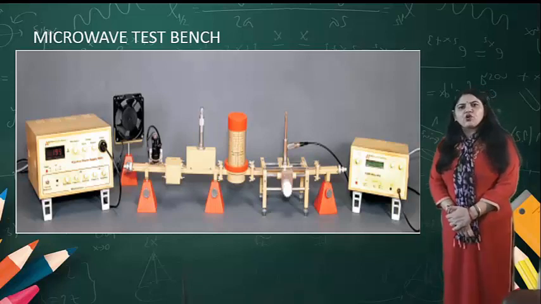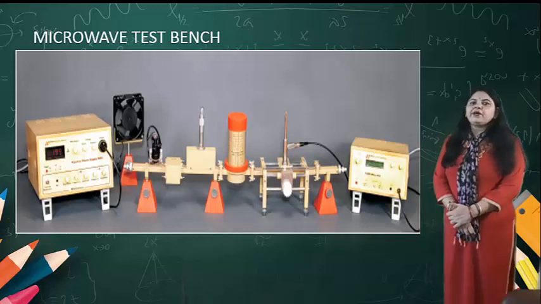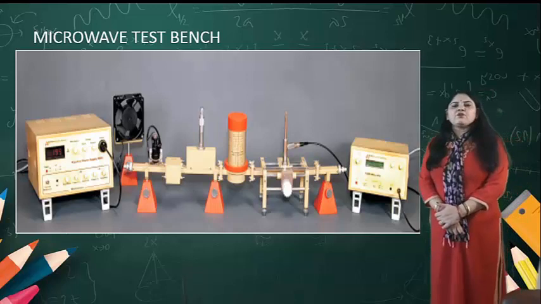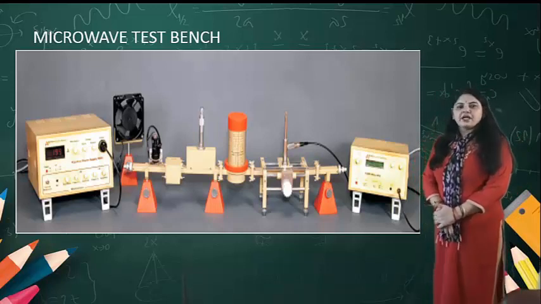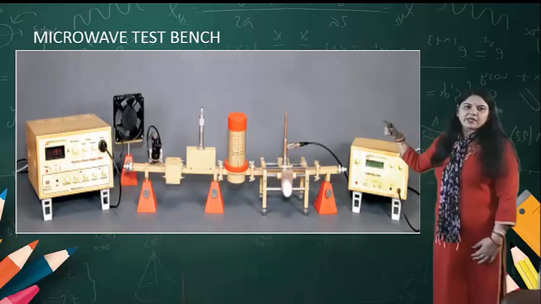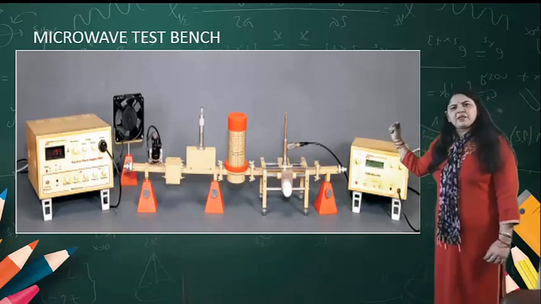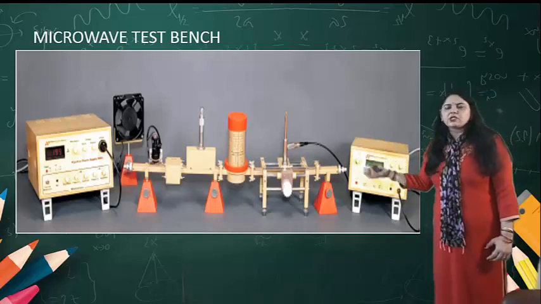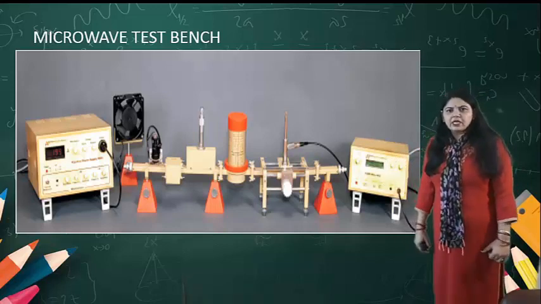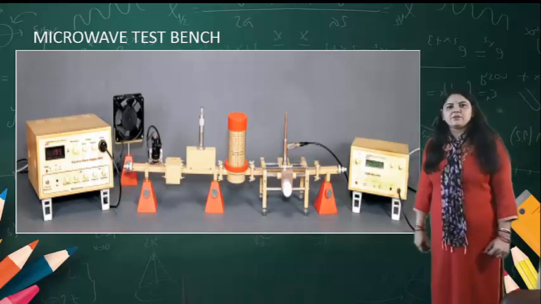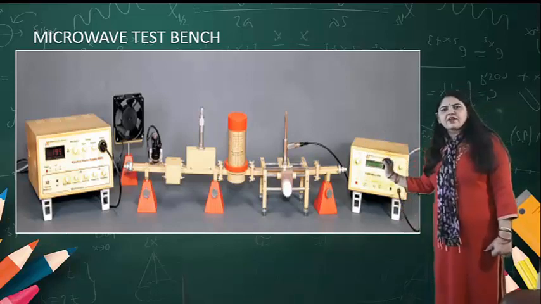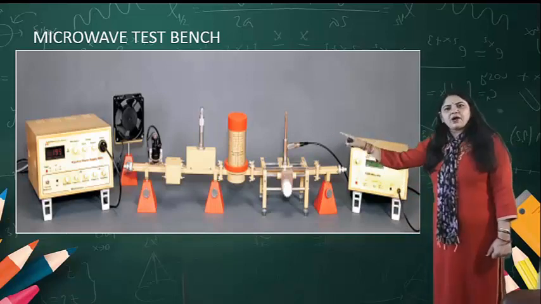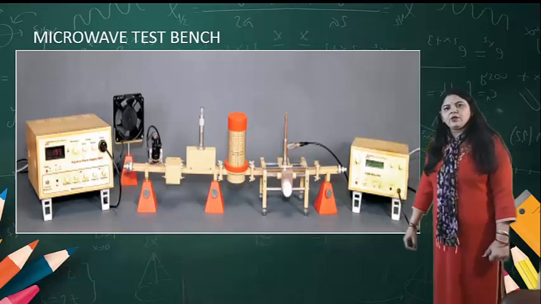If we go for the Gunn diode, we need a Gunn power supply and the Gunn diode, and as the temperature may affect the diode's working, an adjustable fan is used. So three things are there from that side: the power supply, the fan, and here the microwave diode.